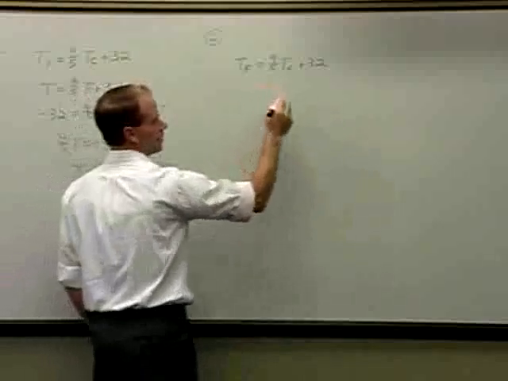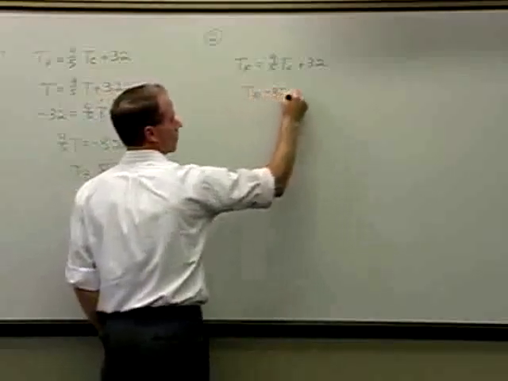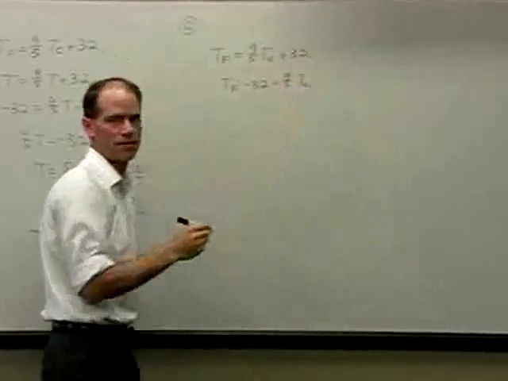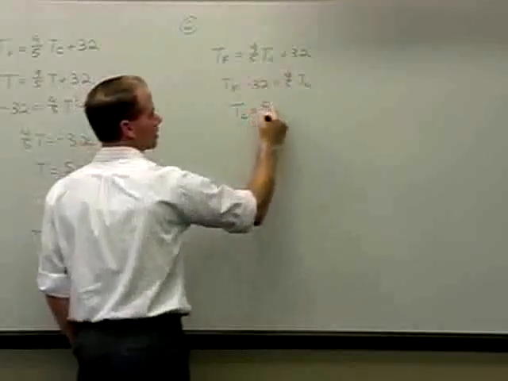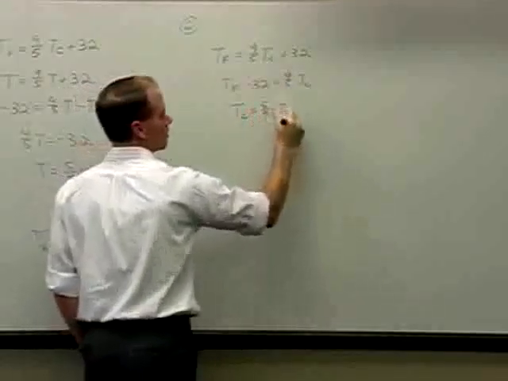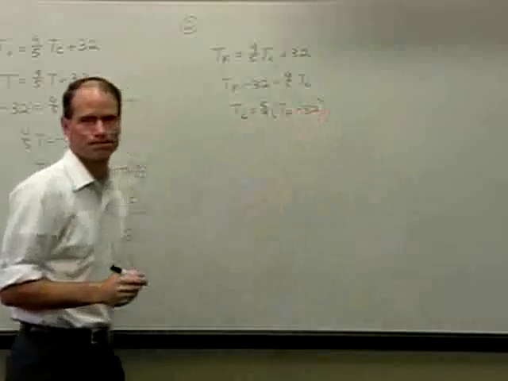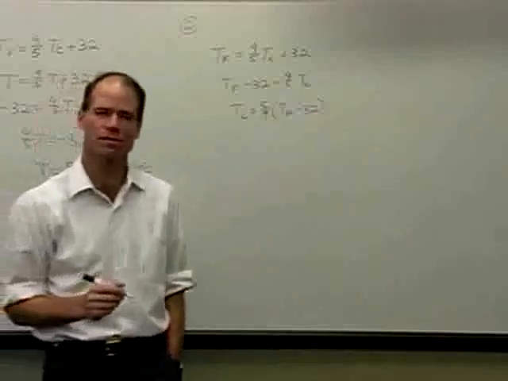So, subtract the 32 from both sides. Multiply both sides by 5/9. So we have the temperature in Celsius will equal 5/9 times the temperature in Fahrenheit minus 32. We were told that the child's temperature was 104 degrees Fahrenheit.